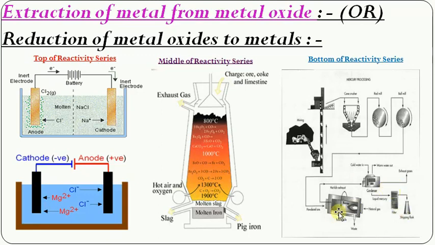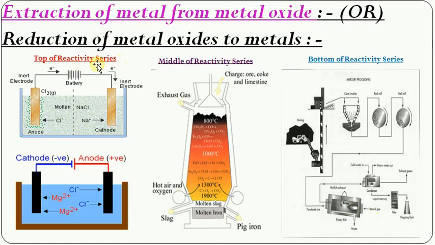So just by heating, the mercuric sulfide on roasting gives mercuric oxide. Mercuric oxide on heating gives vaporized mercury vapors. On condensation, it gives liquid mercury. So this is how mercury is easily extracted. Here the process is heating alone, nothing else is used.